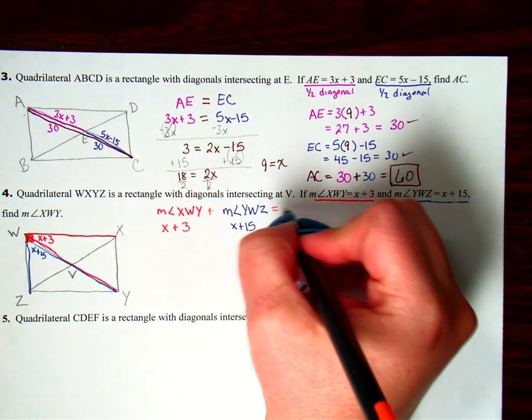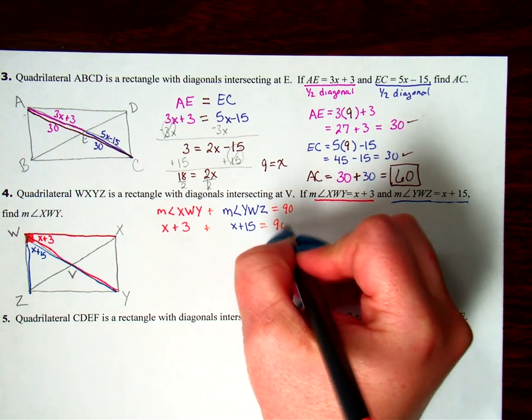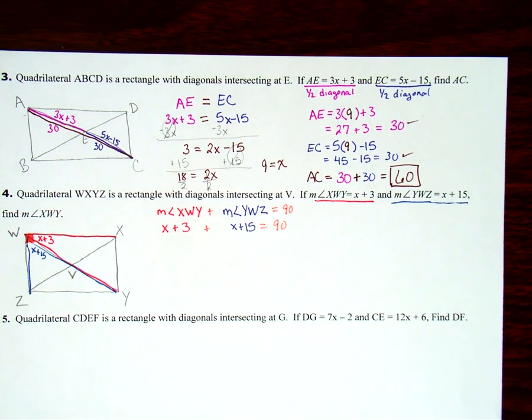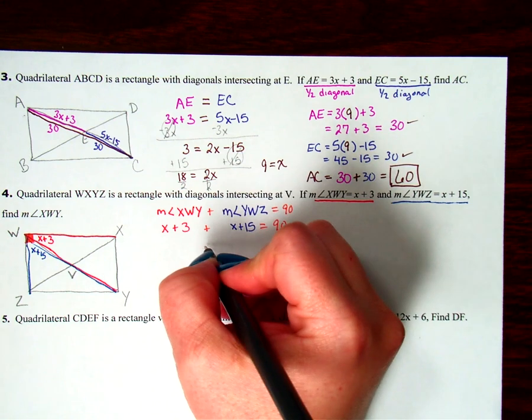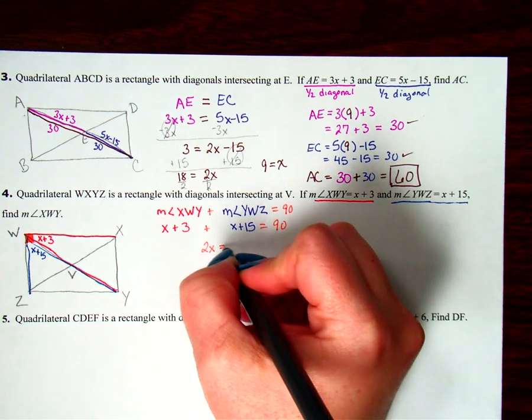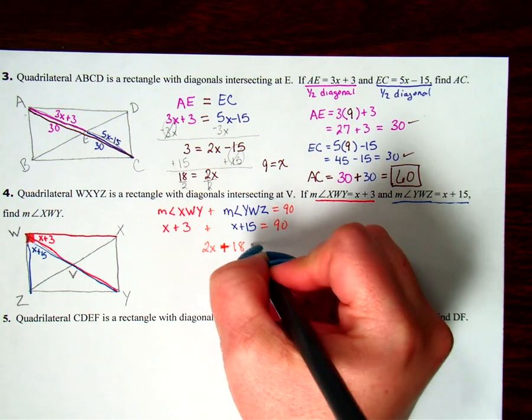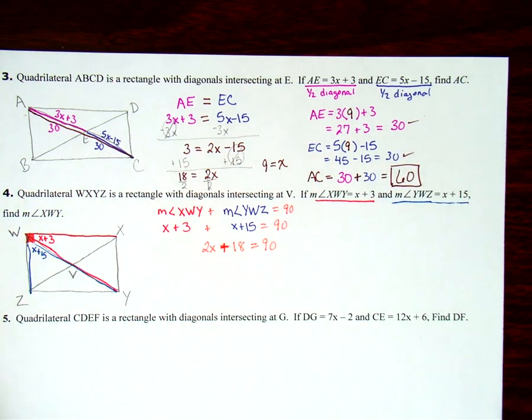So if I add these two together, they're going to make the corner, which is 90 degrees. Now I'm going to combine my like terms. x plus x is 2x, plus 3 plus 15 is 18, and that equals 90.